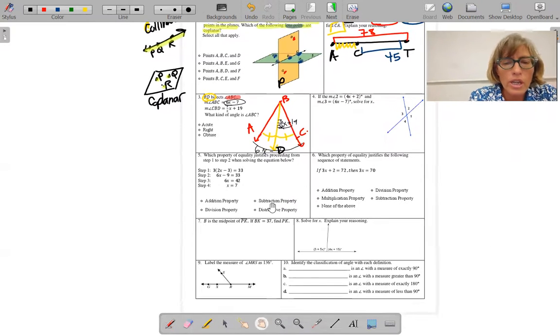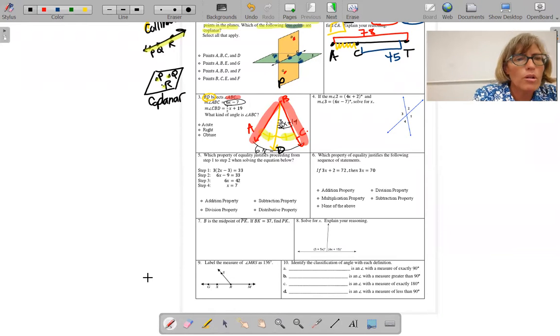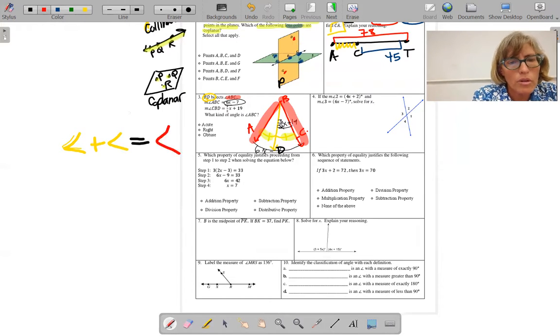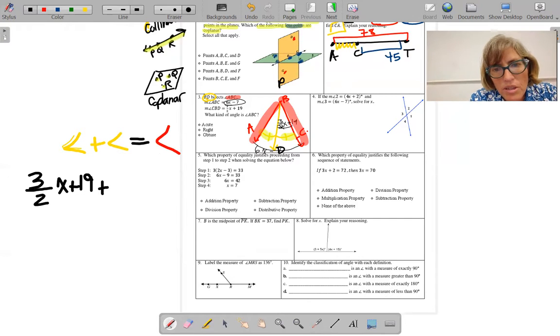So what's going on here is the fact that these 2 yellow angles add up to the red angle. So one of the yellow angles is 3/2 x plus 19 plus, because these are bisected, that means this is the same as that.